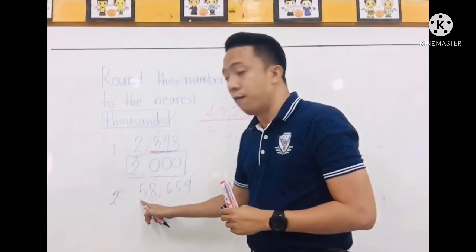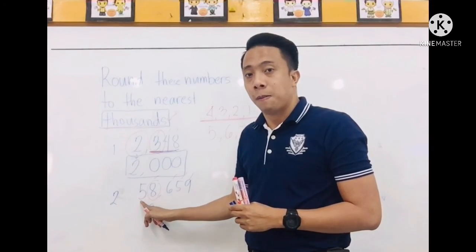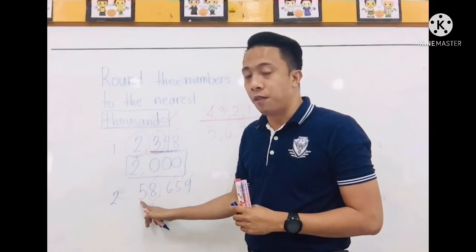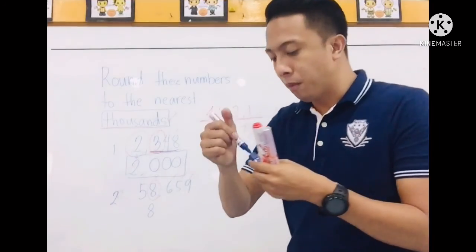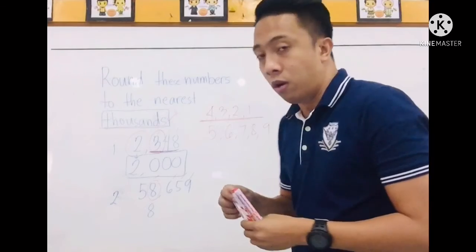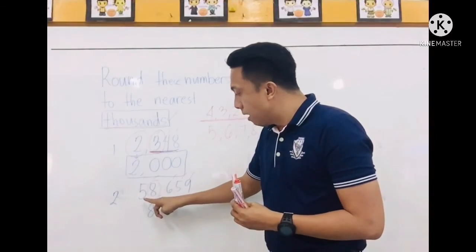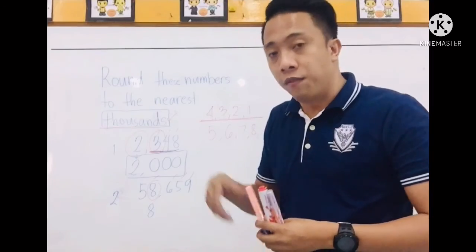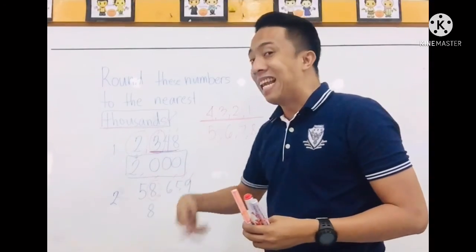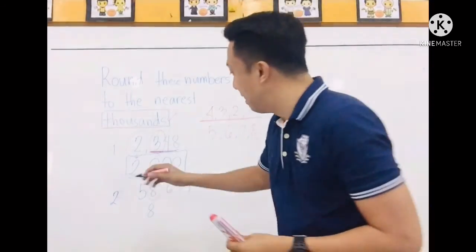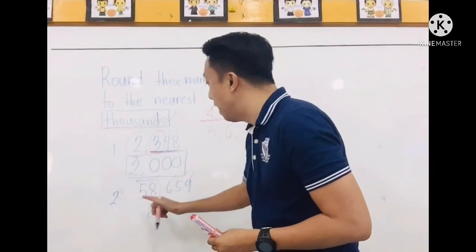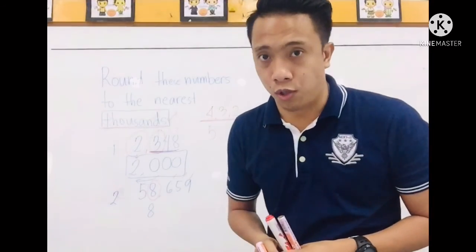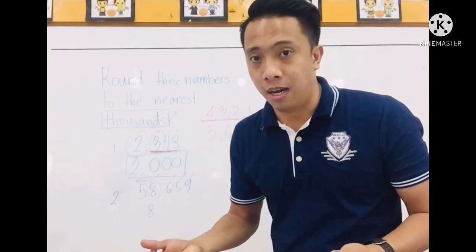How about the 5? This is another rule. If there is a number on its left side, you will just copy it.